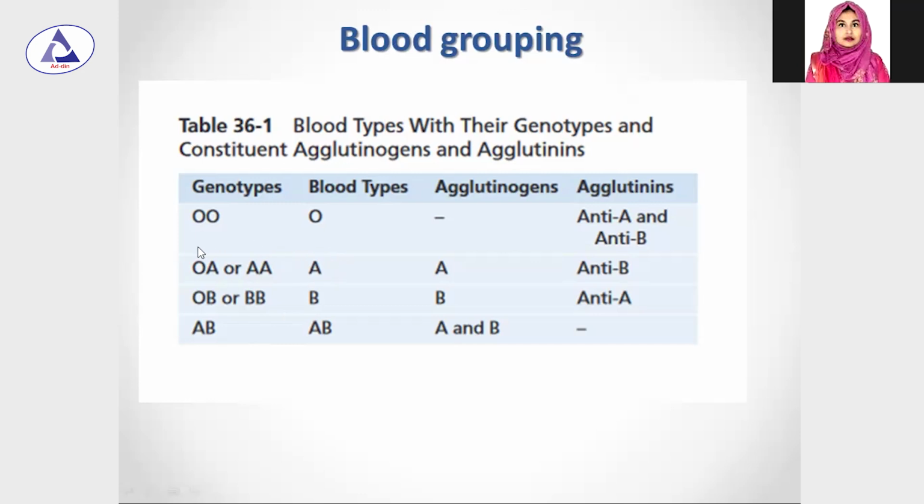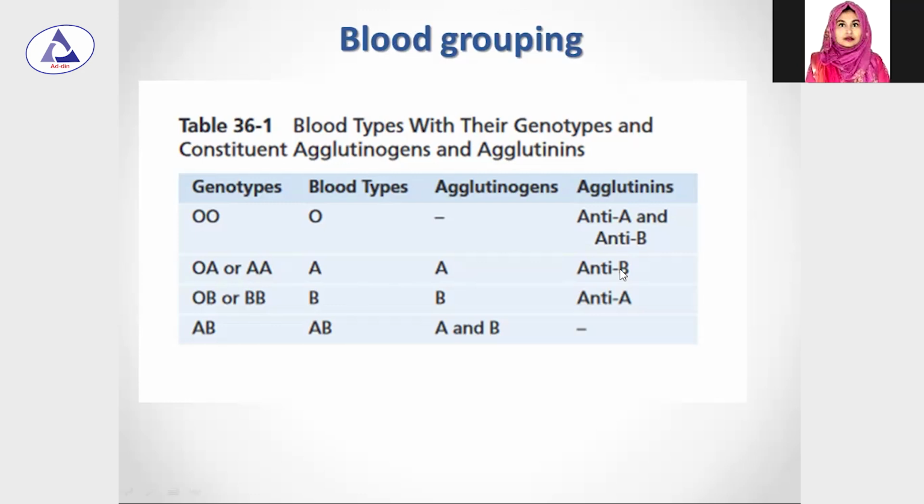Its genotype may be O and A or double A. The name of the blood group is A, and which agglutinogen or antigen does it contain? Antigen A. And which antibody will it contain? Anti-B. This blood group follows Landsteiner's law.